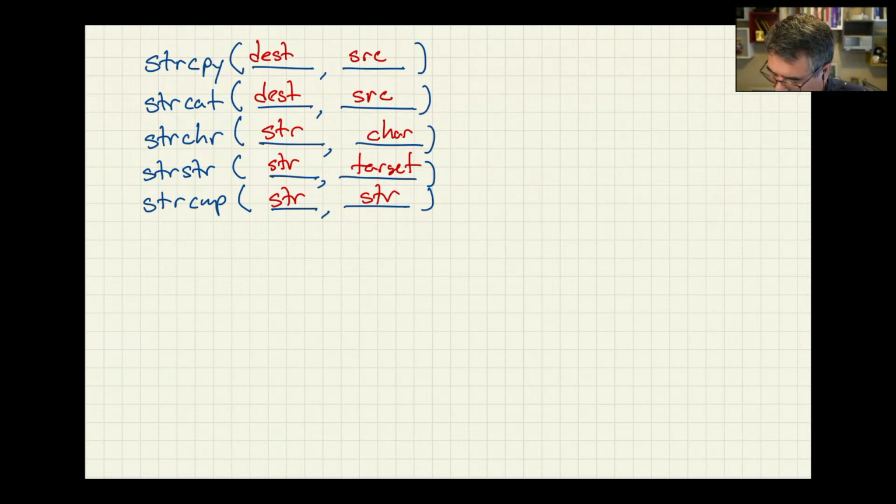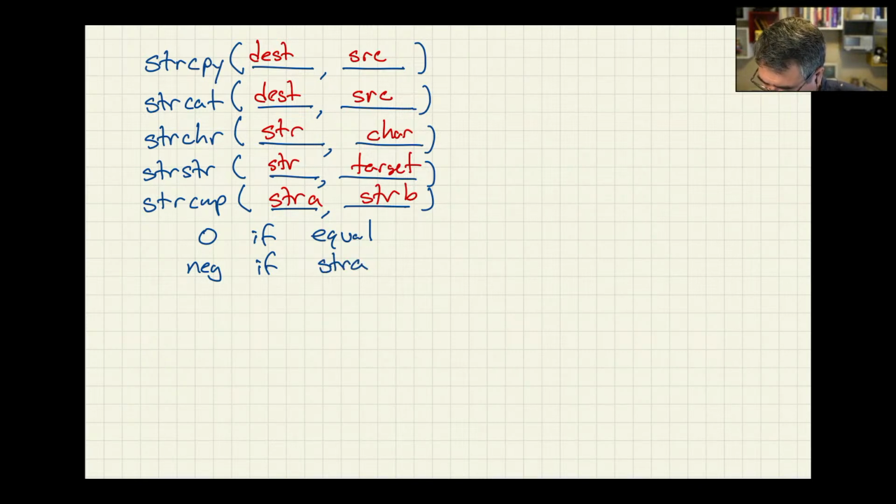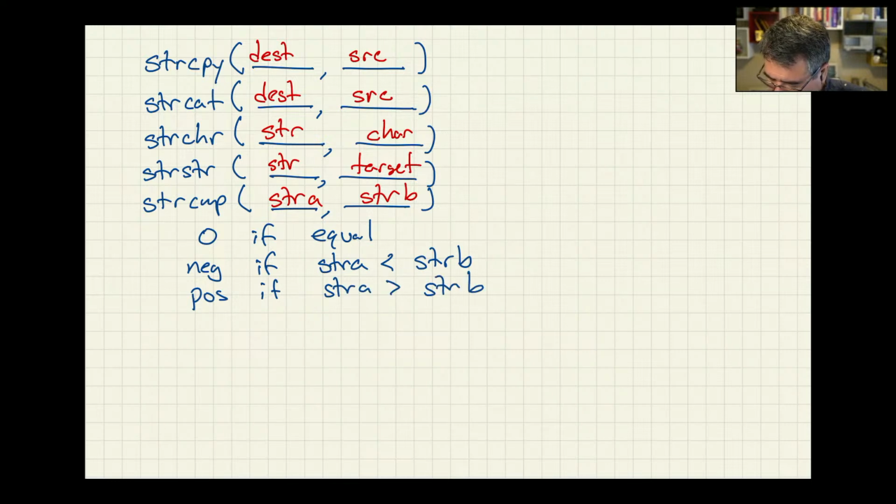String compare will return a 0 if equal. Let's call these string A and string B. It returns a negative number if string A is less than string B, and a positive number if string A is greater than string B. And by greater than or less than, I mean think about alphabetical order.